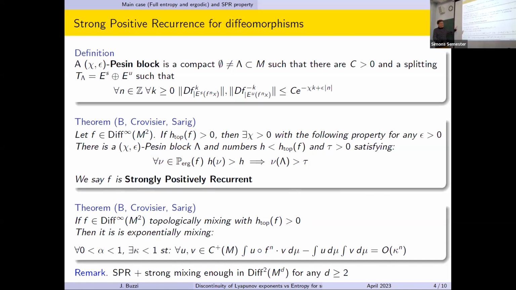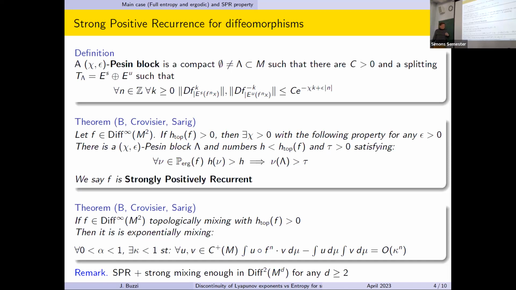It tells you there is some chi, like a lower bounded exponent, such that for any epsilon you can find a Pesin block with these parameters such that for any ergodic measure whose entropy is close enough to the topological entropy, the common Pesin block will have a uniformly lower bounded measure.